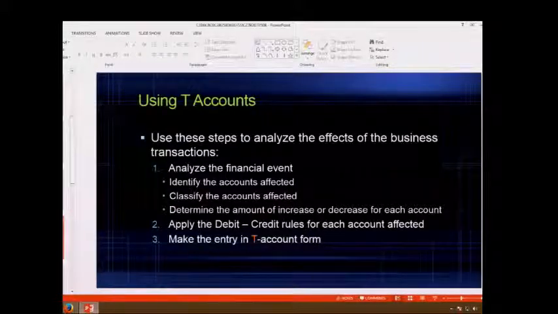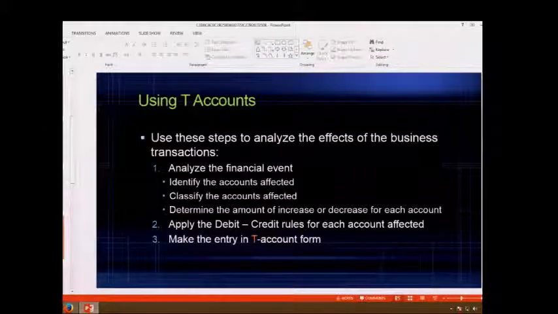When you're using your T accounts, if you look on the bottom of page 69, you can see they have put little letters next to the entries. Can you guys see that? They've got like little letters in parentheses. The reason they do that is so you can go back. If you have a mistake, you look at the letter A, right? That would be your first transaction. And you make sure that there are 2 A's, because there has to be 2 accounts.